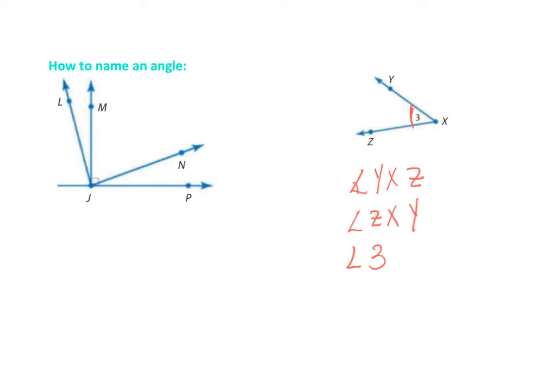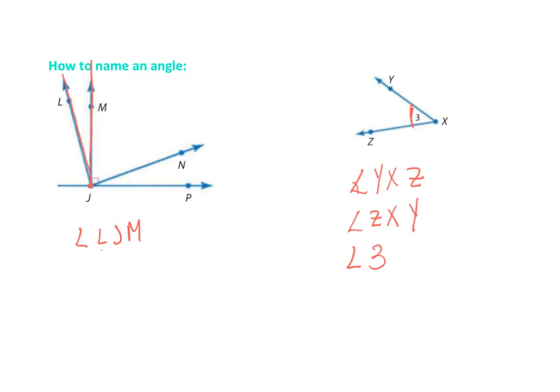Now on my left-hand side, I have a more complicated image because I have various angles within. So if I wanted to talk about angle LJM, J is my vertex, so I know that J is right here, and then LM, I would be talking about that small angle towards the left.